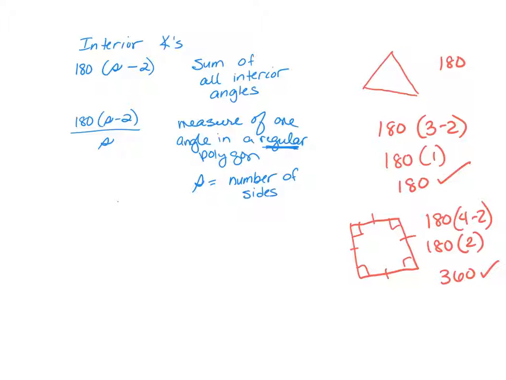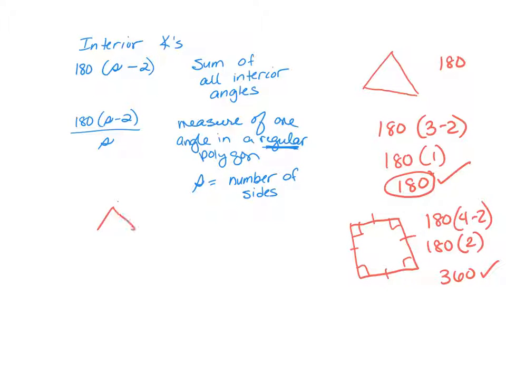Well, if I want to find the measurement of one of those angles, I just take this number if it's a regular polygon. What does regular polygon mean? All the sides are equal and all the angles are equal, okay? So if I want to find the measurement of one angle in a regular polygon, I find this number and I divide it by the number of sides.